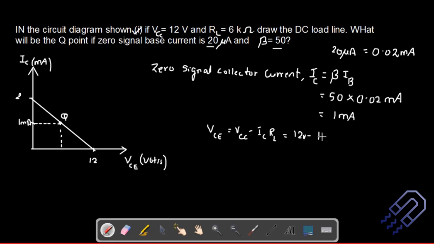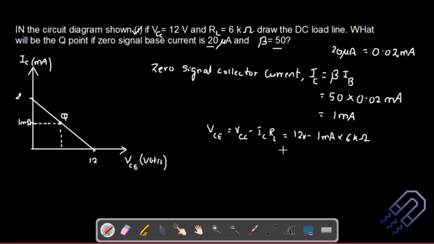This is 1 milliamp into RL. So RL is already given to be 6 kilo ohm. So kilo is 10 to the power 3, milli is 10 to the power minus 3. So you basically have it cancelled, 10 to the power minus 3 and 10 to the power 3. So simply this result will be nothing but in ampere and ohm. So that means this is going to be volt, right?